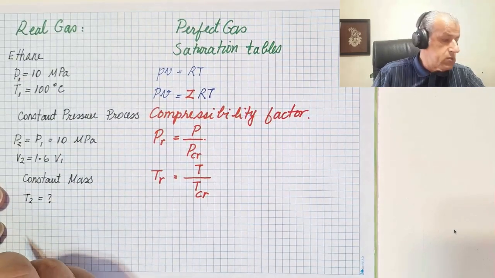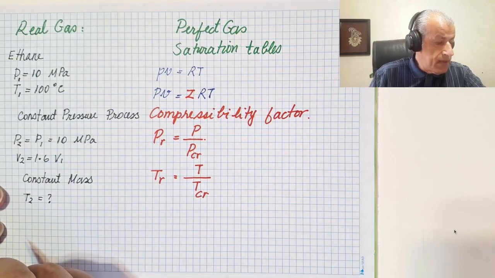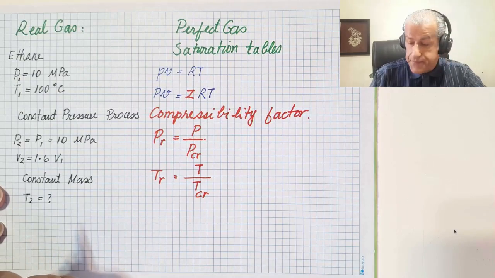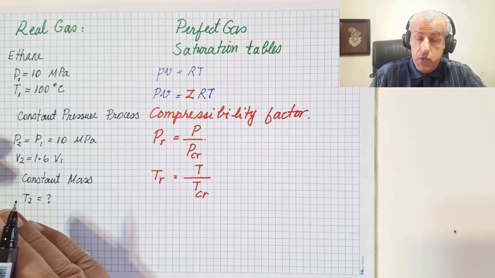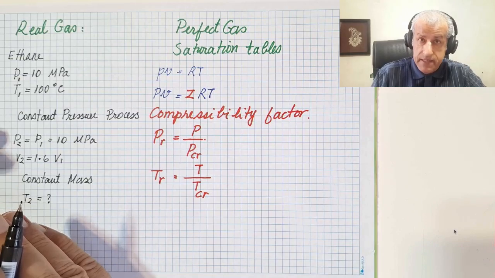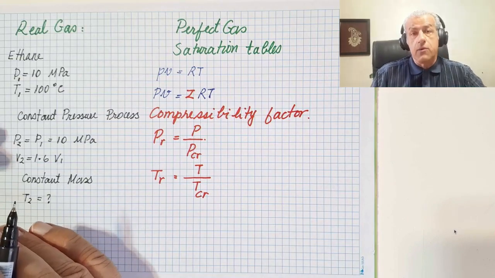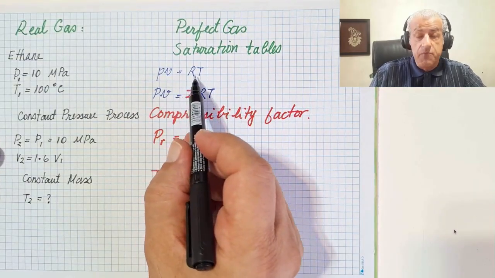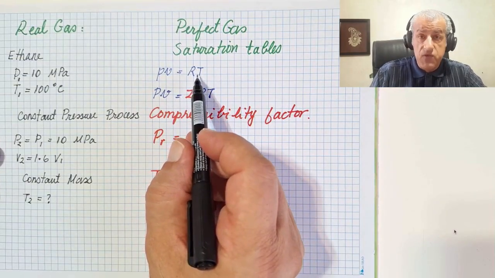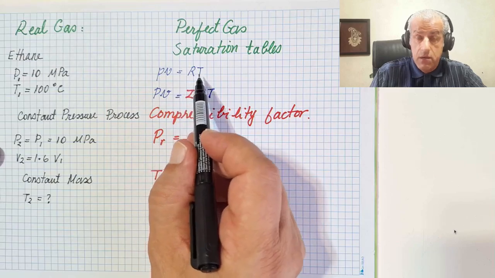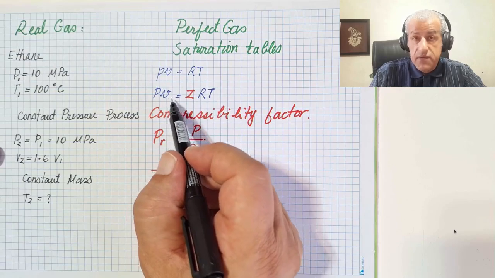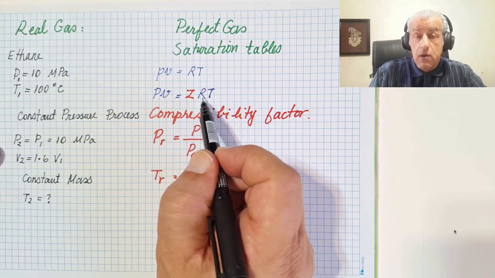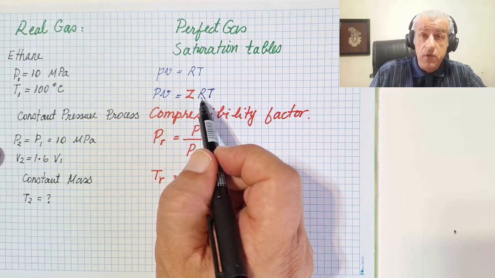You see, there are two methods to calculate this. Either we could calculate it from PV equals RT, which is a perfect gas assumption, and we don't know if it's a good assumption or not. Or we can calculate it from PV equals ZRT, which is the more correct way of doing it.